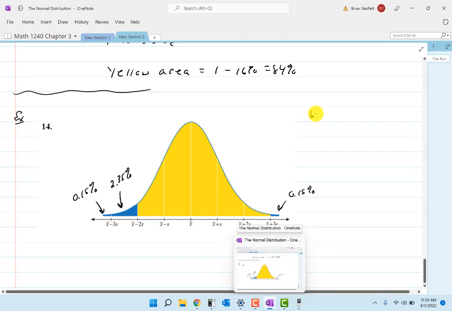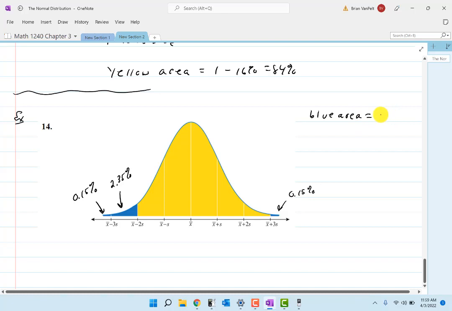So the blue area equals, we're going to have to do 2.35% plus 0.15% plus 0.15%. And it looks like we have a total of 2.65% in the blue.